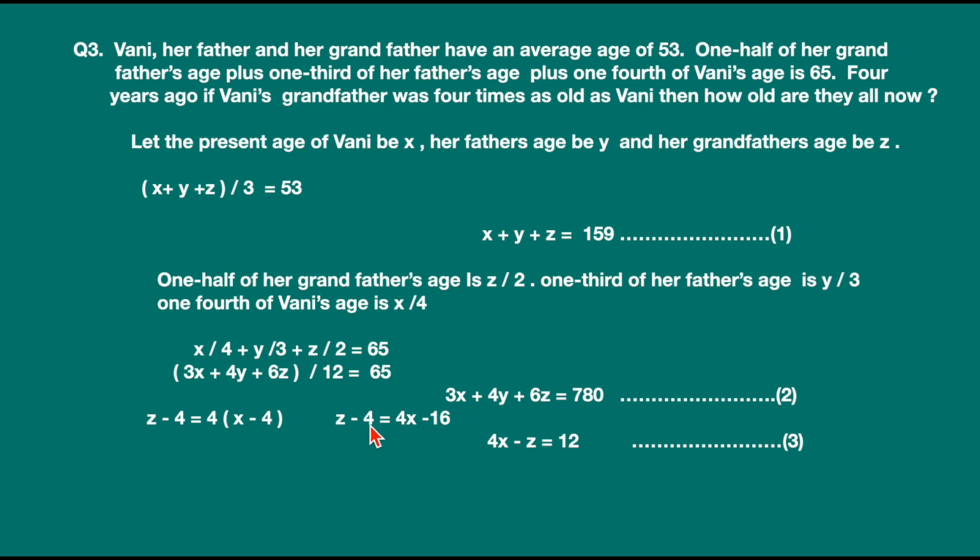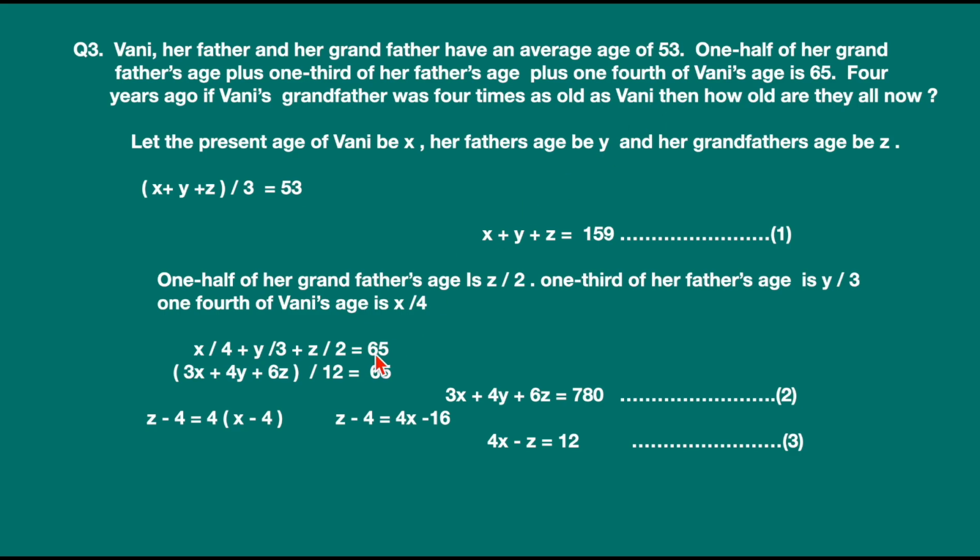Okay. Now let's go to the third. 4 years ago, Vani's grandfather was 4 times as old as Vani. Then, how old are they now? So 4 years ago, what was grandfather's age? Z - 4. What would have been Vani's age 4 years ago?